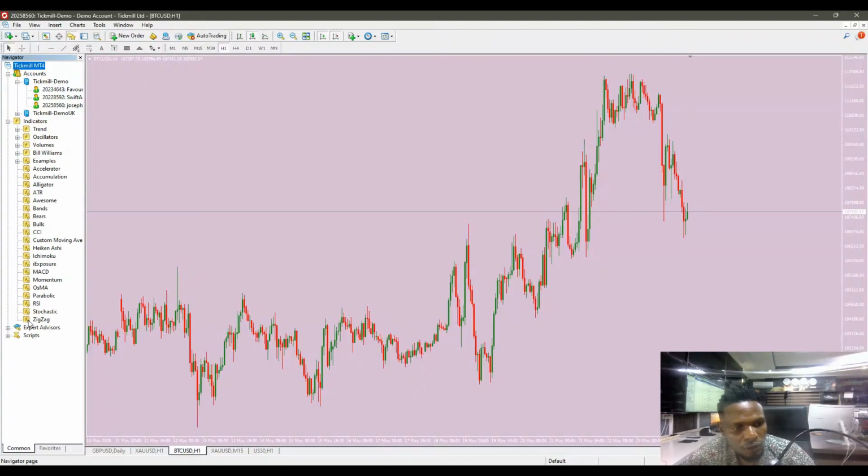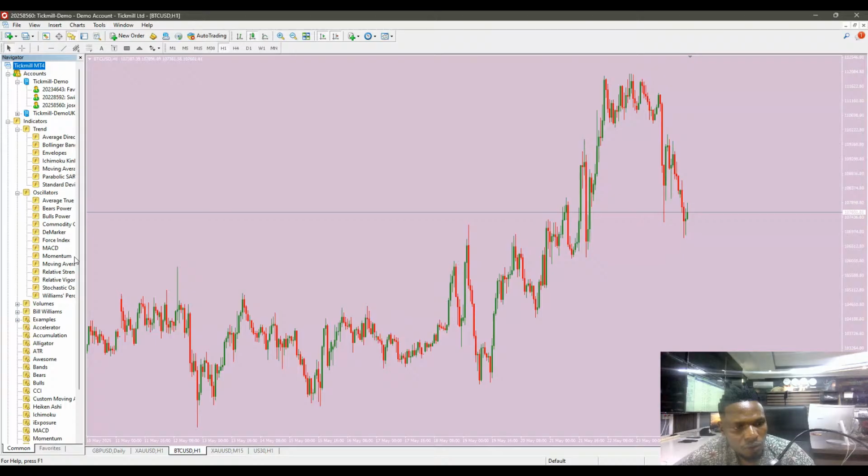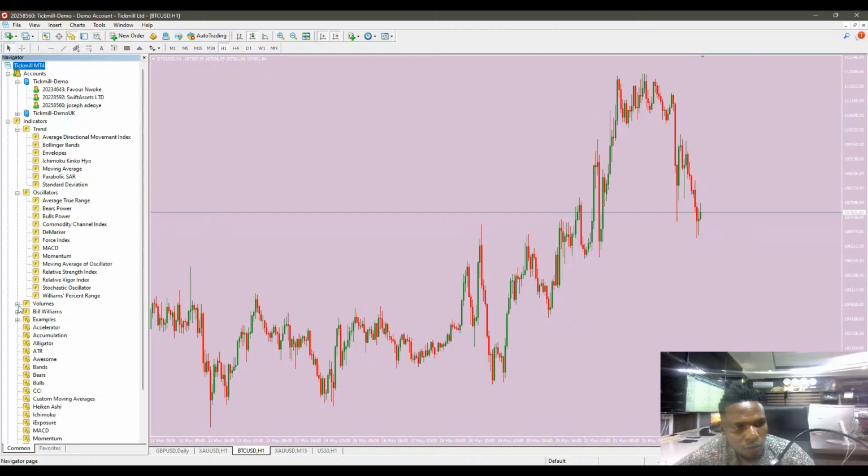So we have all these: trend indicators, oscillators, the one showing volume, and others. They were all designed to give direction of prices.